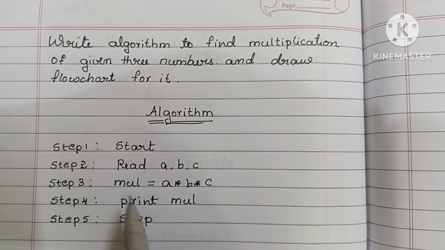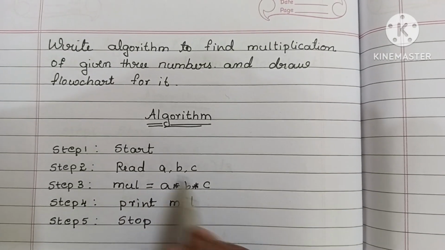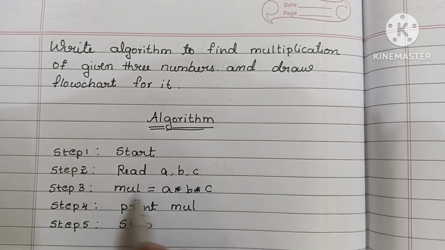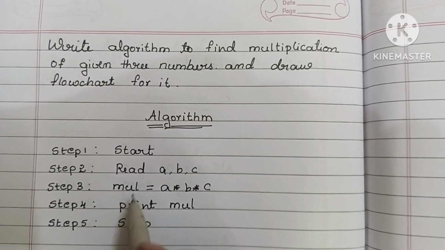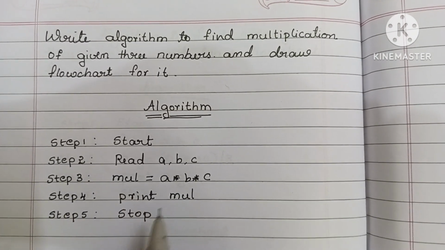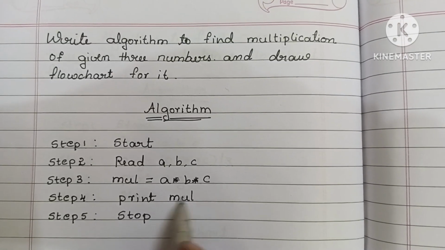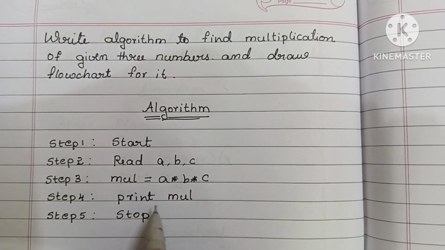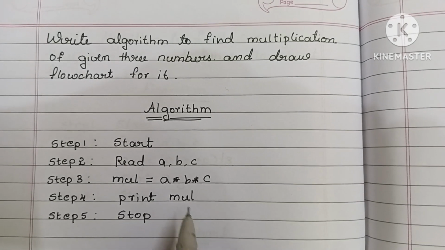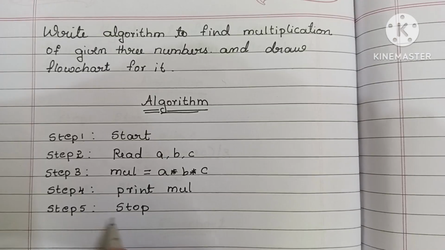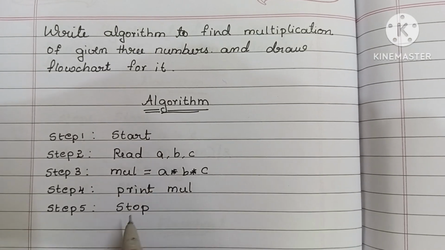In step 3 we have to apply the formula, that is MUL is equal to A into B into C. MUL variable represents the multiplication result. In step 4 we have to print MUL, that is our output, right? Here we have to print MUL, that is the multiplication of three numbers, our output. In step 5 we have to stop the algorithm using the stop statement.